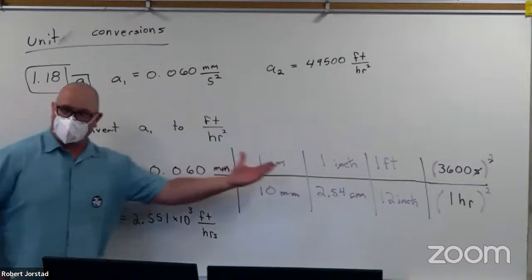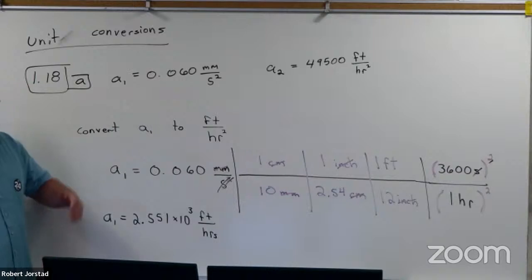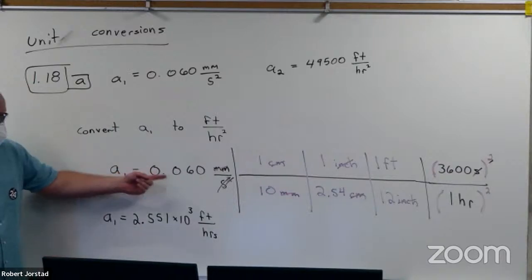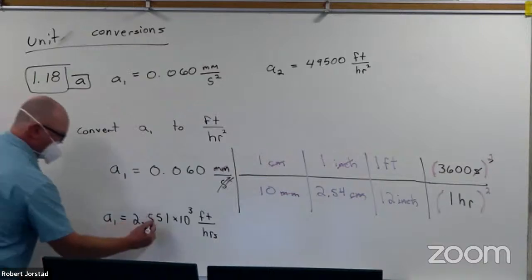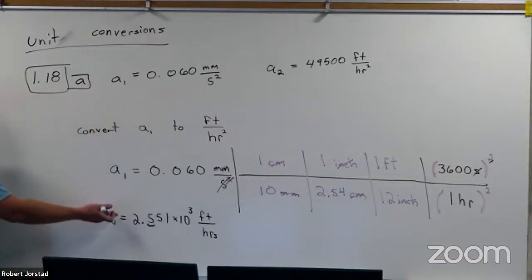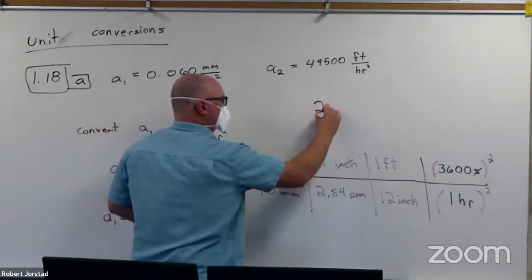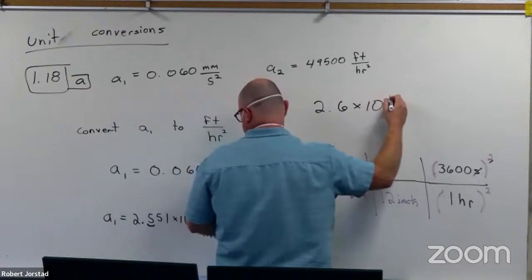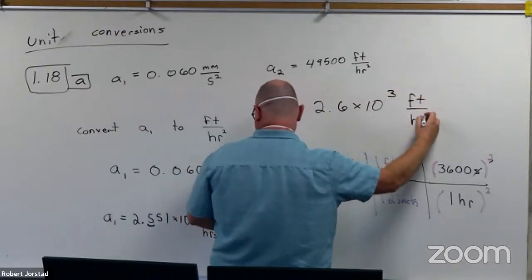A unit conversion will almost never change the number of sig figs. Based on that reasoning, if there's 2 at the beginning, how many should I have at the end? 2. So we would say that.